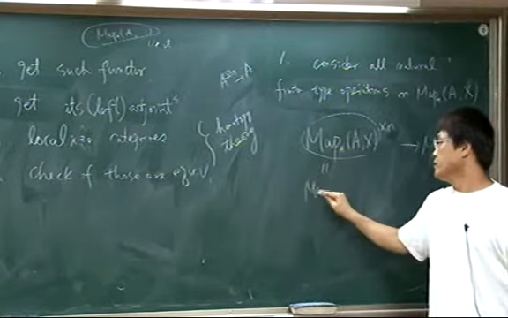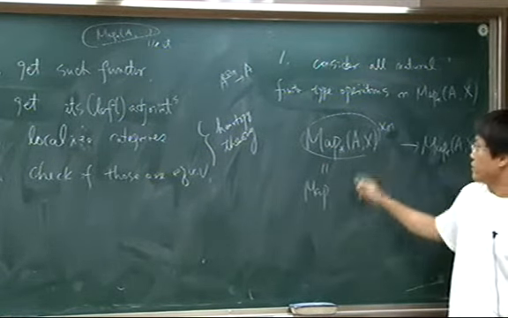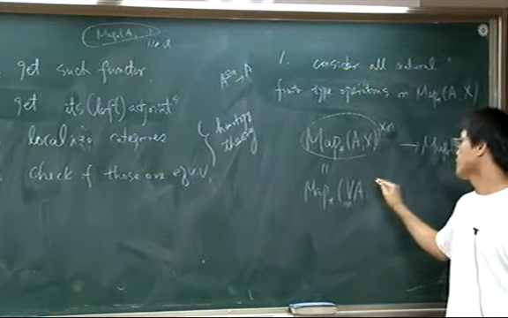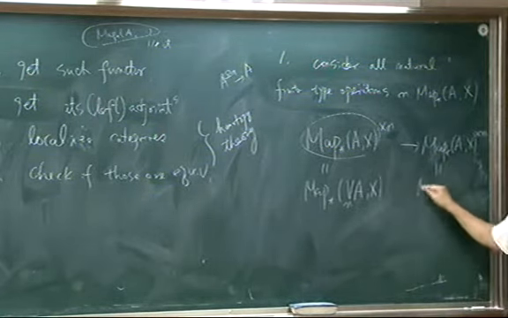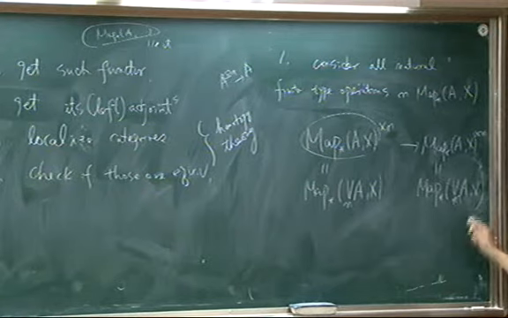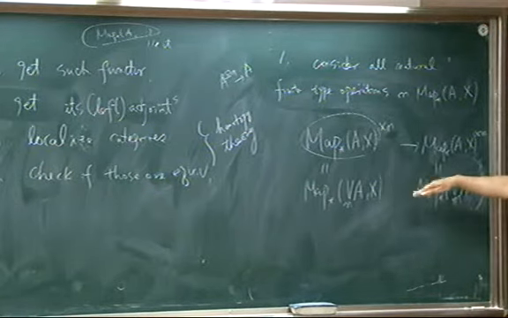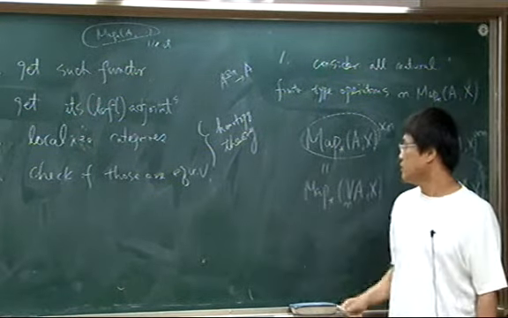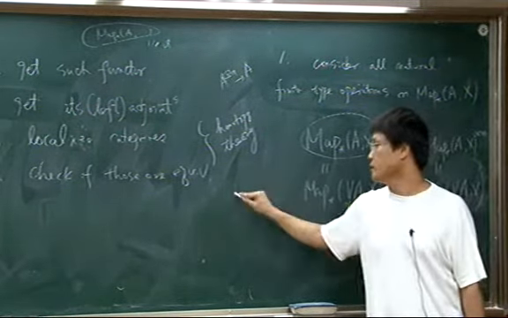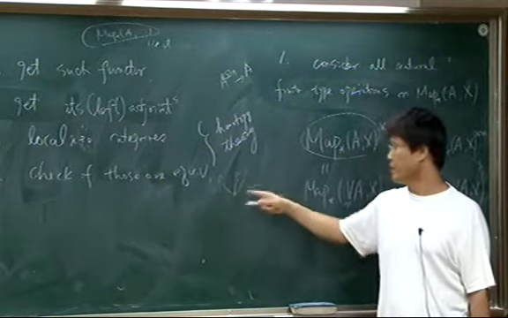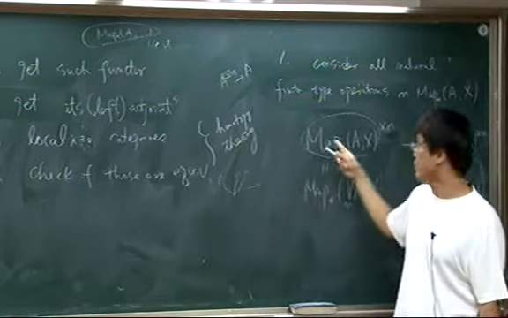This is nothing but the coproduct actually. Coproduct means the wedge of this one to X, and this is maps from the wedge of M copies of A to X. The wedge means we have a bunch of A's, and each one gives us one map, right?